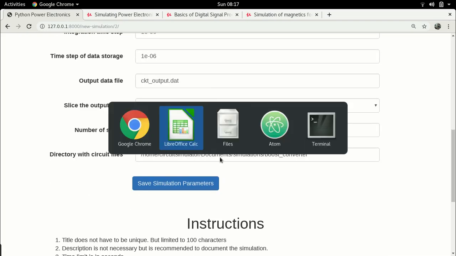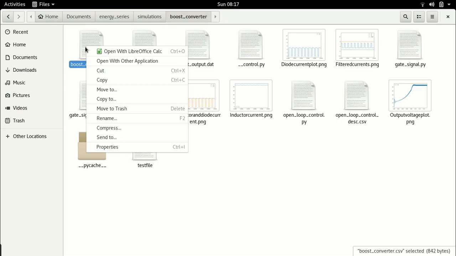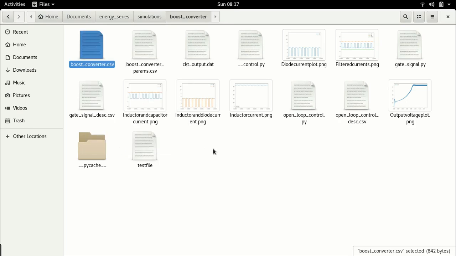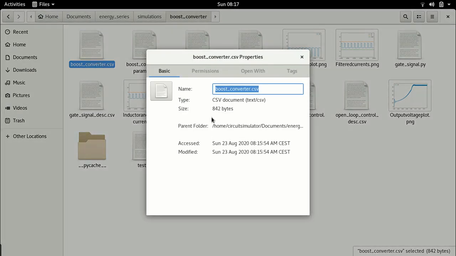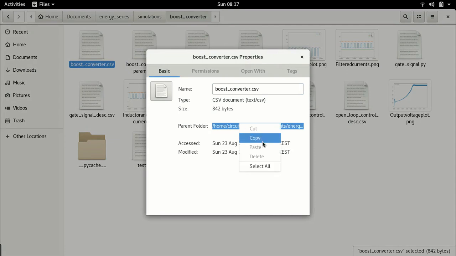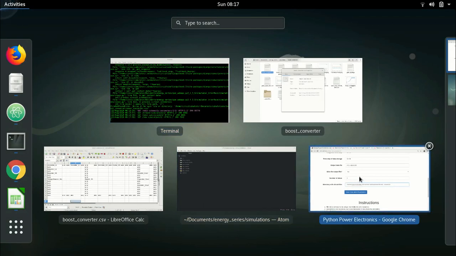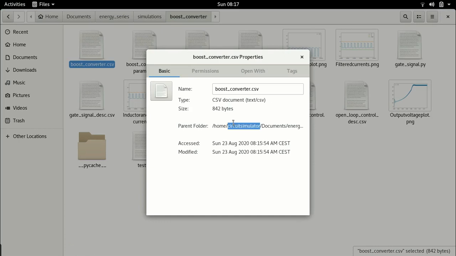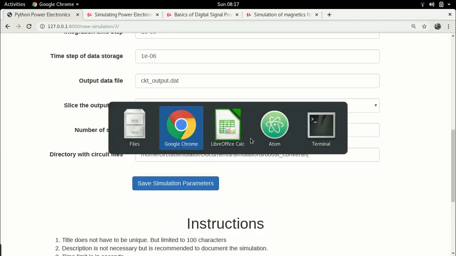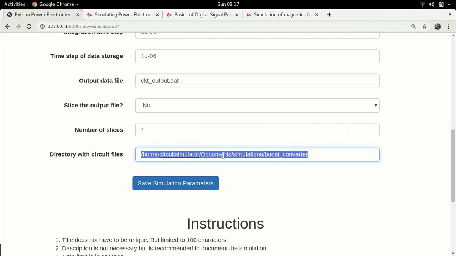the new directory here. So I just have to go to my directory, go to properties, take the parent folder. I think I did a copy again. Let me do a copy and paste this time.